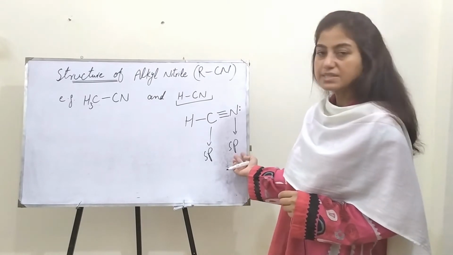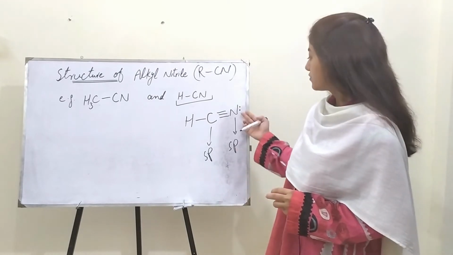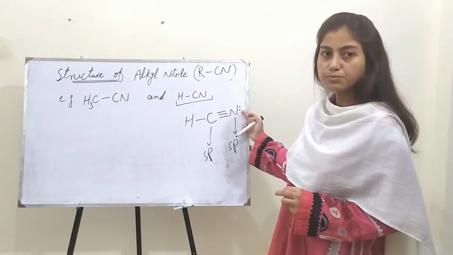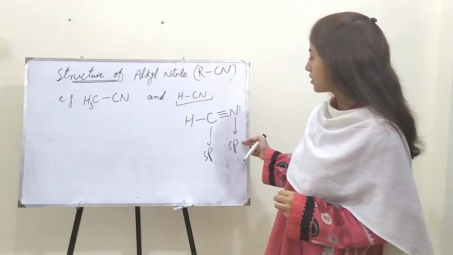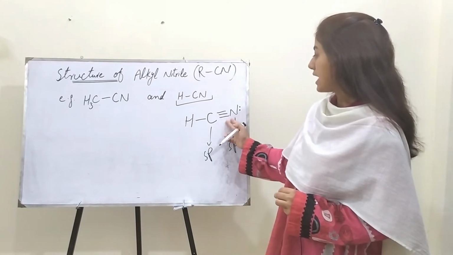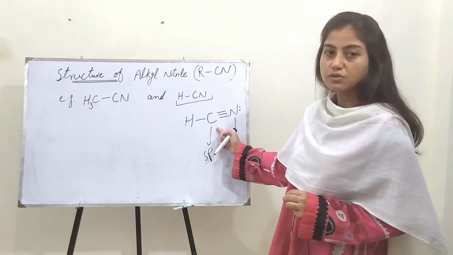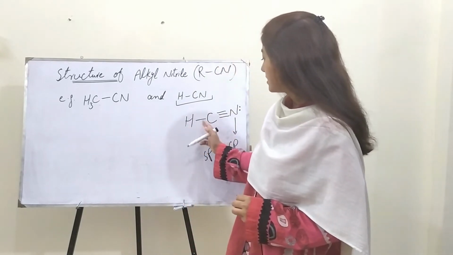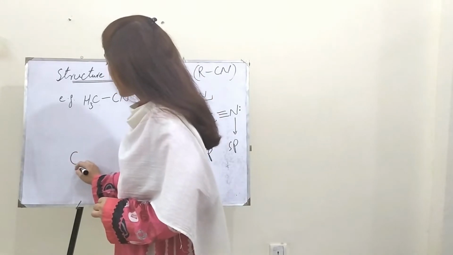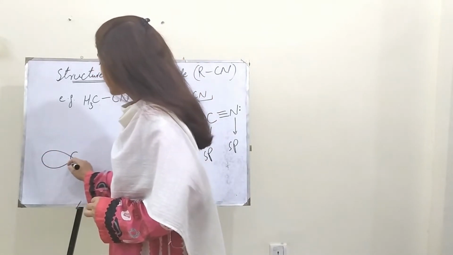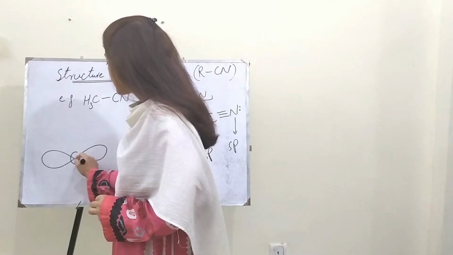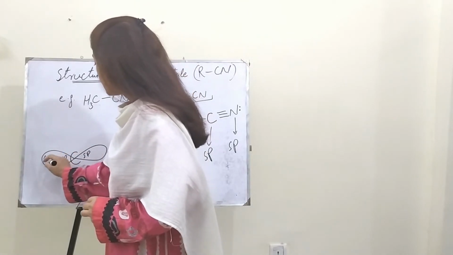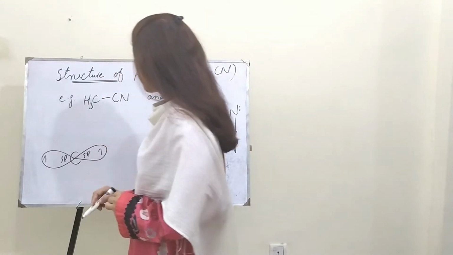In the case of these sp hybrid orbitals for nitrogen, one sp hybrid orbital would contain this lone pair of electrons and one sp hybrid orbital would be overlapped with the sp hybrid orbital of the carbon atom. So the situation would look like this, as in the case of carbon, this is the one sp and this is the other sp hybrid orbital with one electron in each.